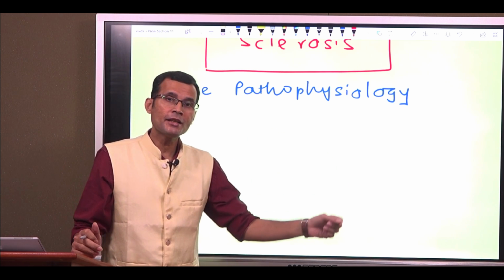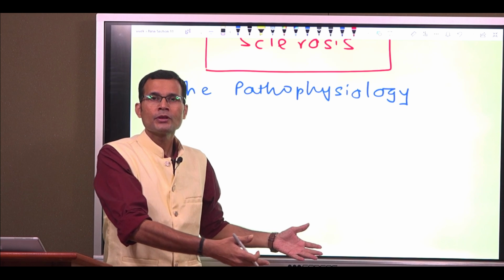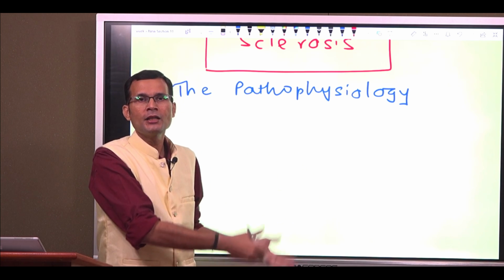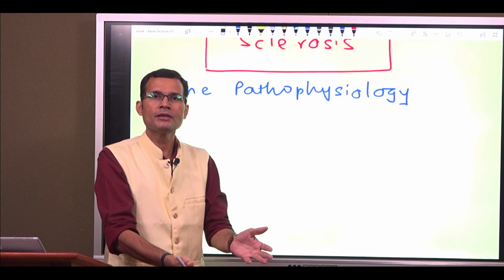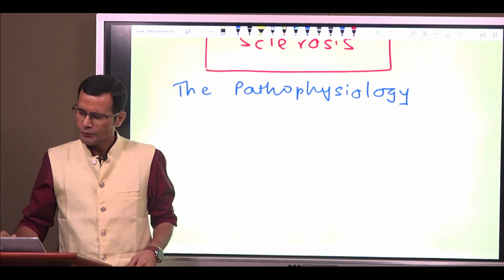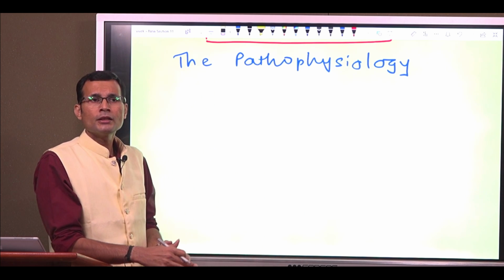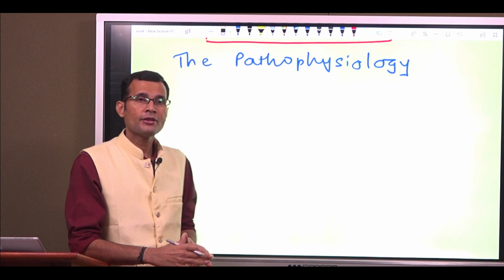So when the myelinated nerve fiber becomes demyelinated, meaning the myelin is gone, why doesn't it behave like an unmyelinated nerve fiber and carry the impulses? That's the whole point of this discussion, and then we will see what happens at a molecular level and what are the management strategies related to it.